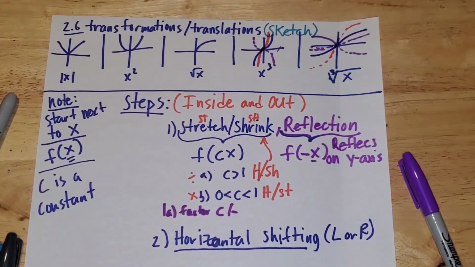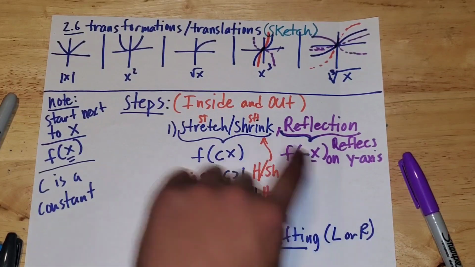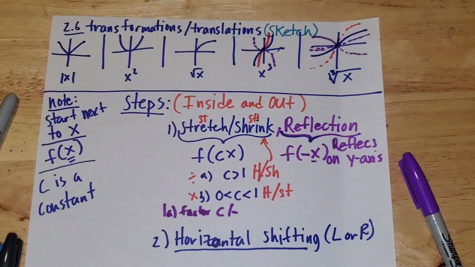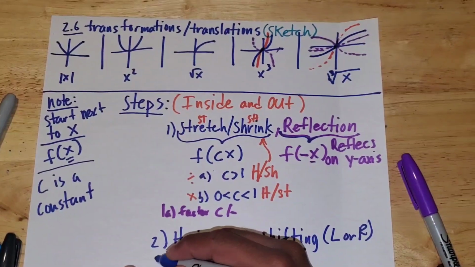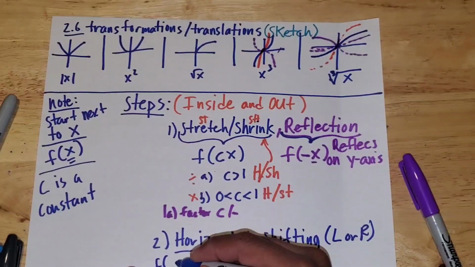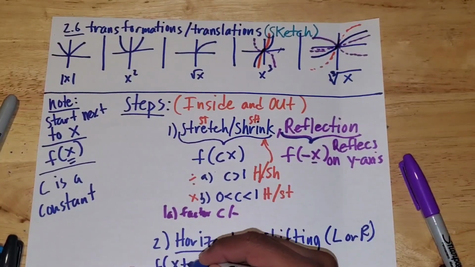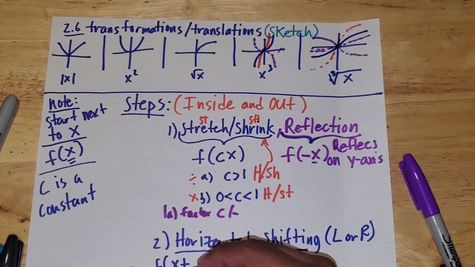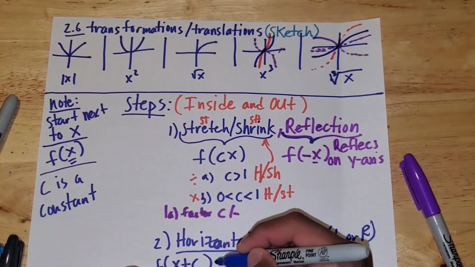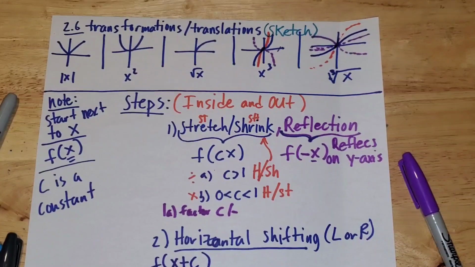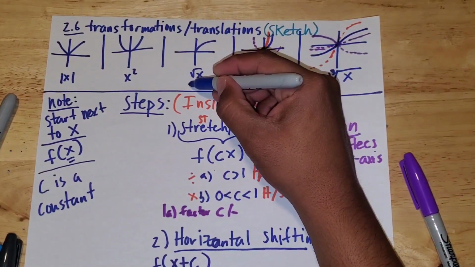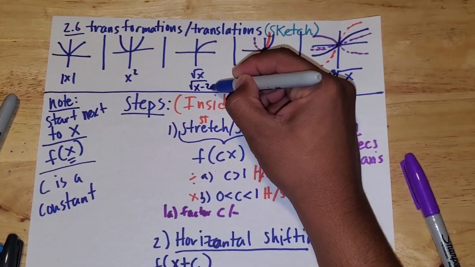But since these are going to be inside the function, they're going to behave differently, and there are not two types of them in this case. There's only one type. It's going to look like x plus or minus c. What I mean by plus or minus is that you can either add or subtract inside of the function. For example, it might look like the square root of x minus 2.